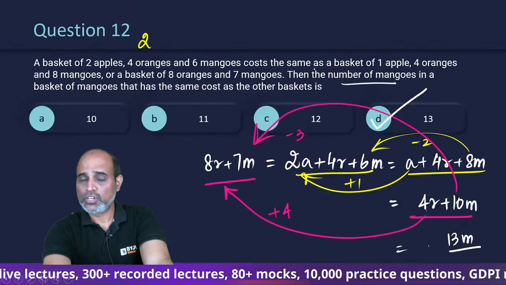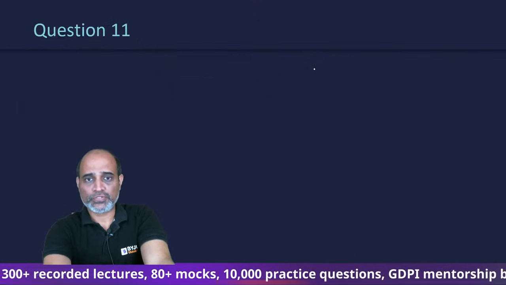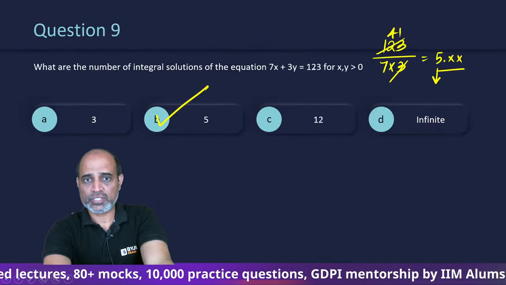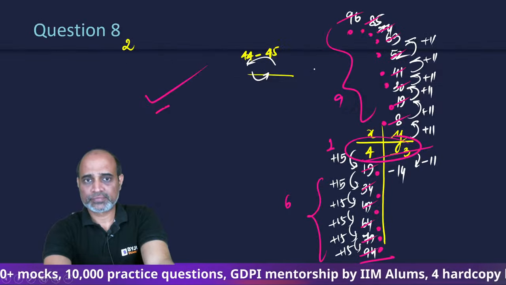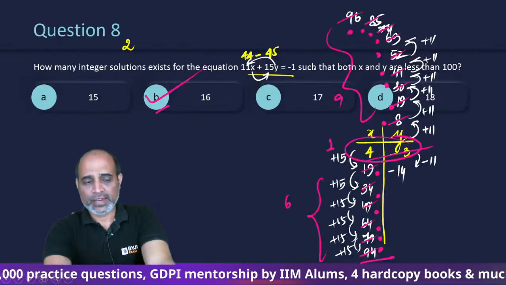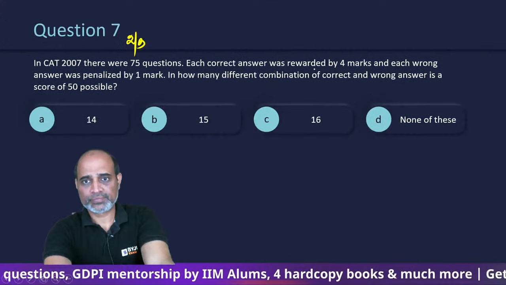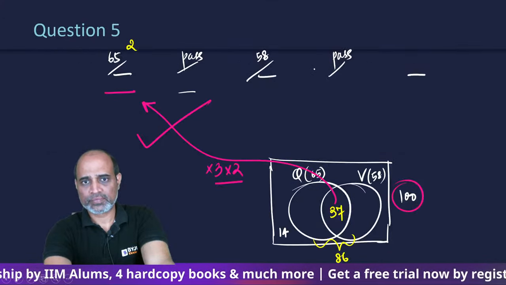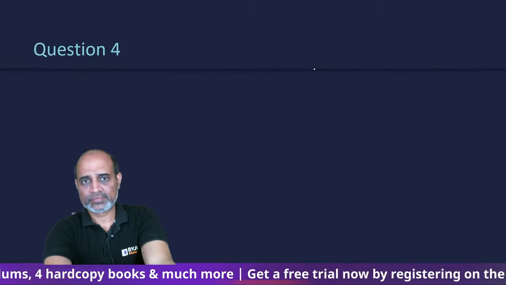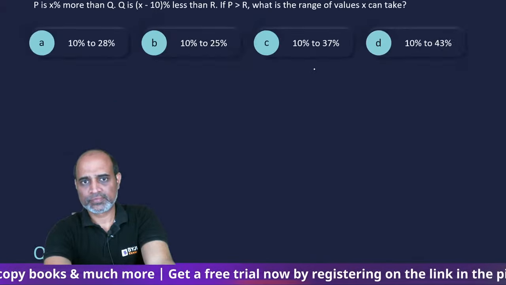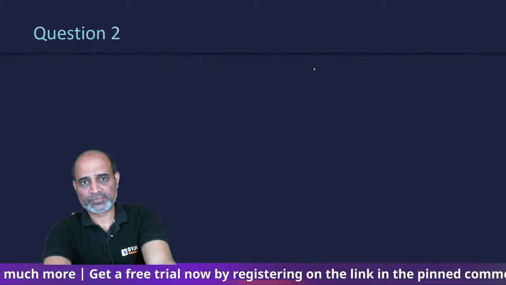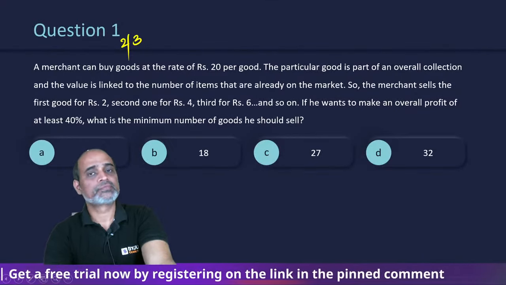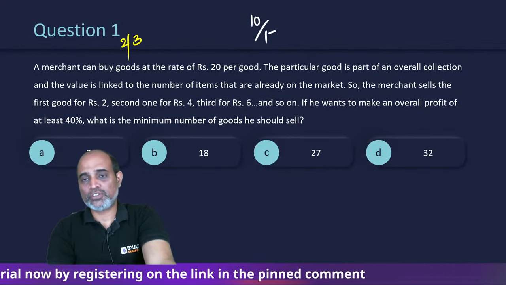Three questions, 4 questions, 5 questions, 6 questions, 7, 8, 9, 10. So we were able to solve 10 out of 15 questions.